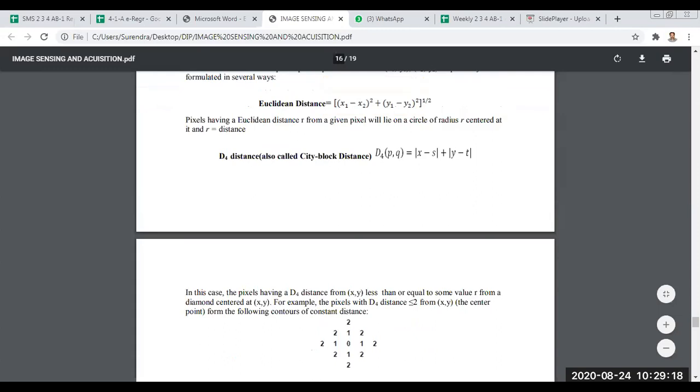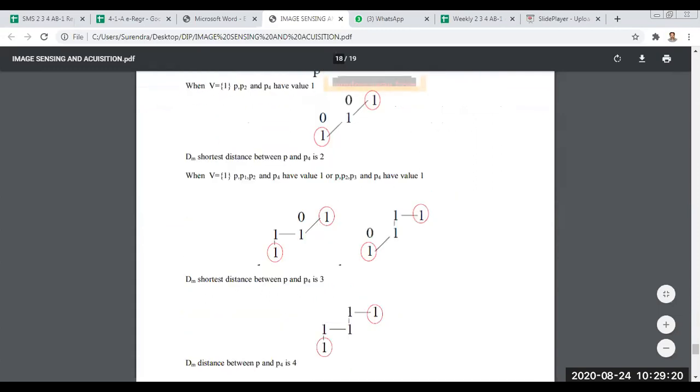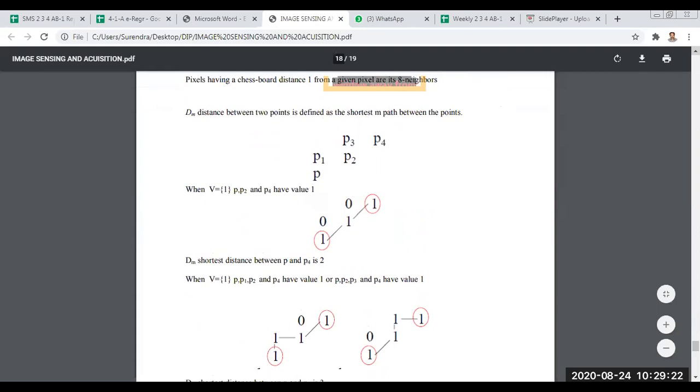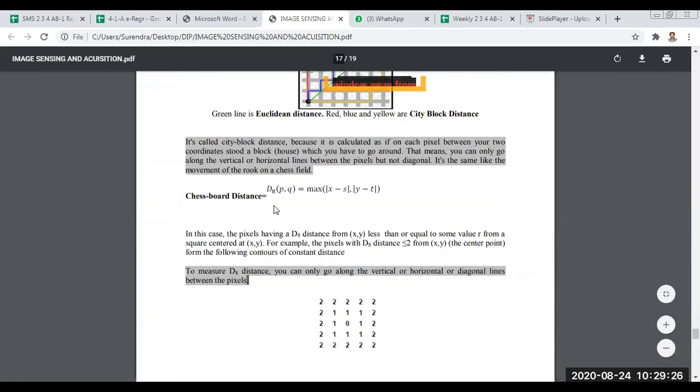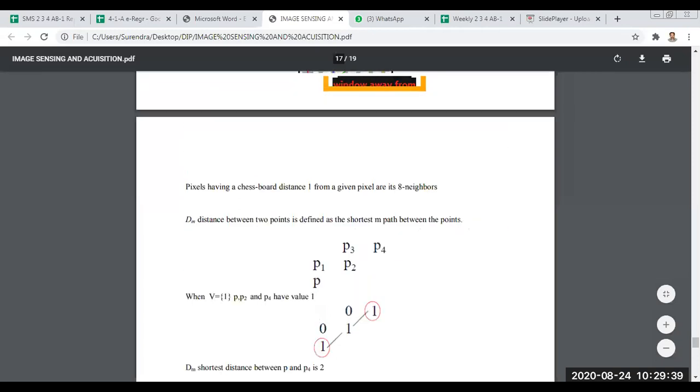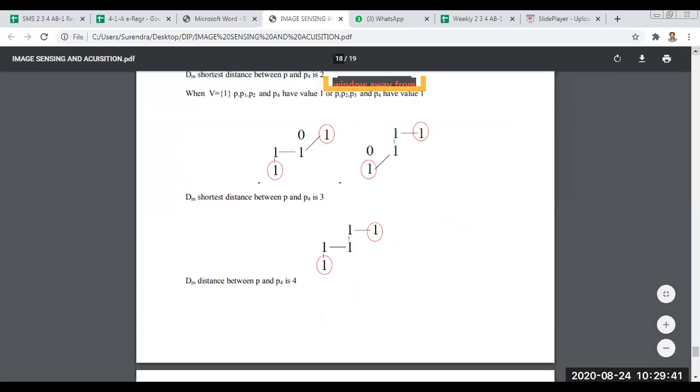But in D8, we consider the maximum of modulus of x minus s comma modulus of y minus t. Whichever is maximum is considered the chessboard distance for D8. Like this we are measuring distances between two pixel values.